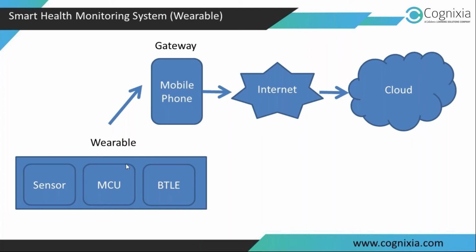Now, when it comes to connectivity, for a wearable the best option to use as a gateway is a mobile phone, right? Because a person would carry both of them along with him. With the help of BTLE, a wearable can easily be connected to a mobile phone, and on your mobile phone you can have an application which can offer a set of edge analytics capabilities to provide some kind of insights to the person who is wearing it.